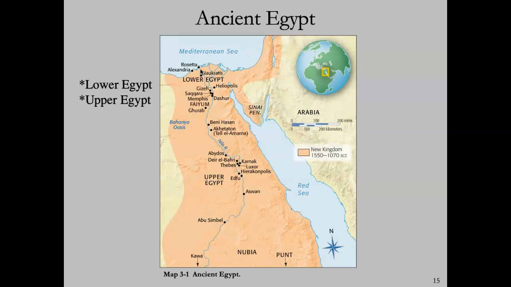Lower Egypt had rich soil from the Nile Delta and was good for agriculture and herding animals. Art from the pre-dynastic period generally comes from Upper Egypt, where archaeologists found early mural paintings on the walls of tombs dating to 3500 to 3200 BCE.